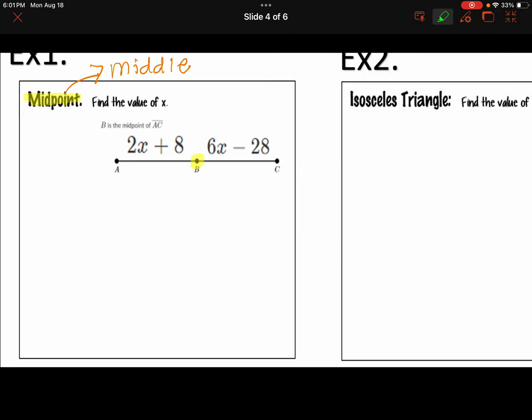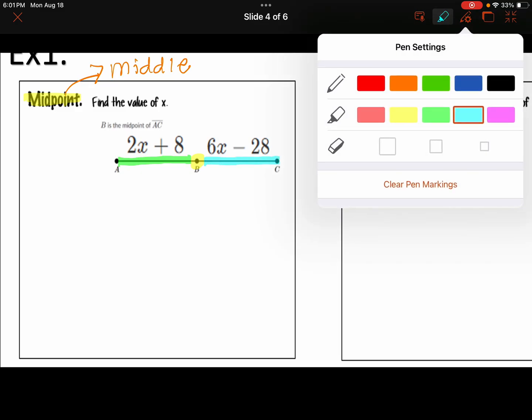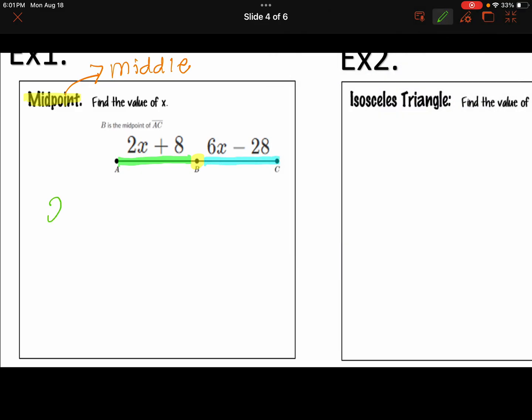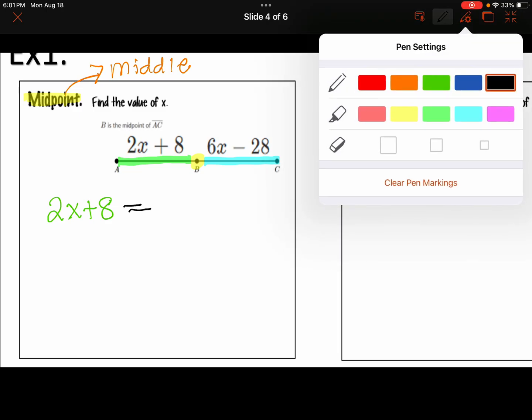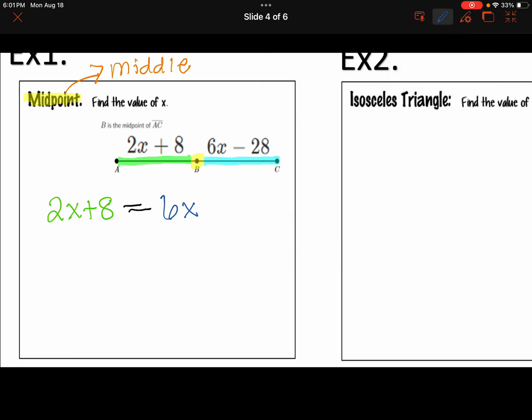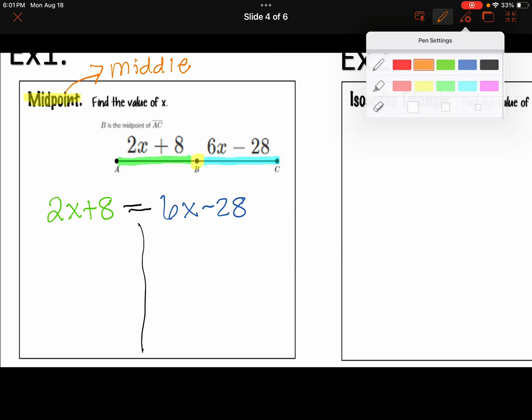So I can say that this left-hand side and this right-hand side, if that's the middle, I would be able to say that they are equal to each other. And once I have set them equal, then I can just go ahead and solve for x.